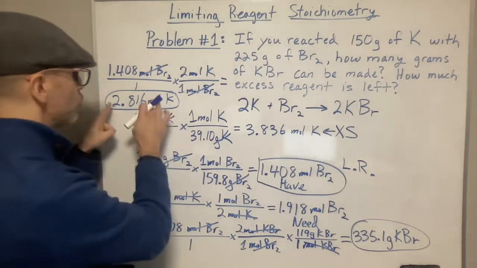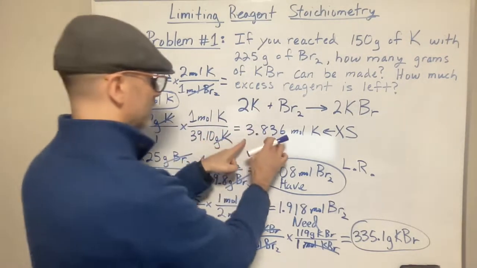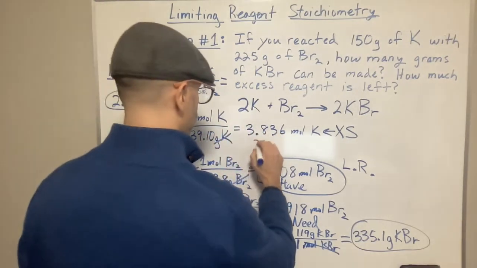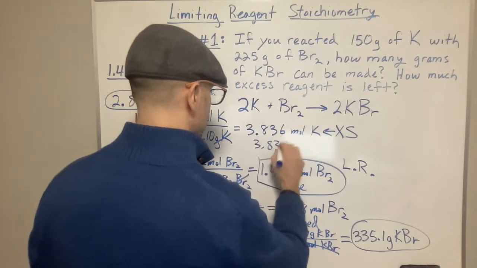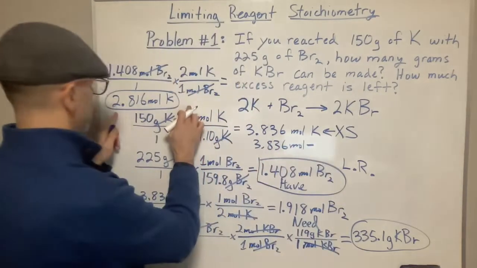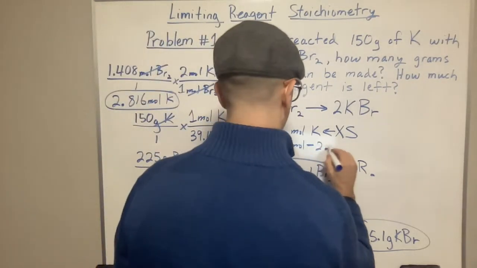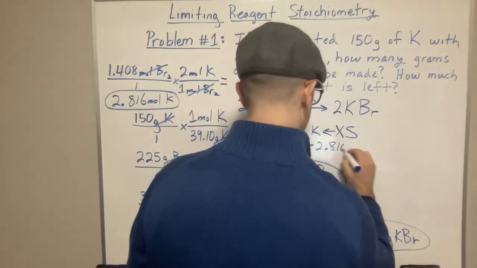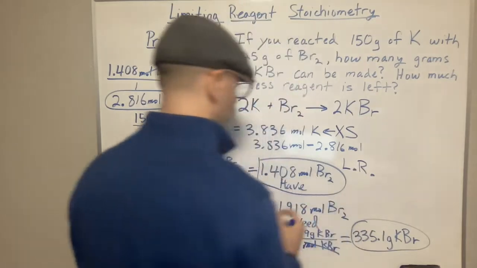And then I can subtract this from the amount that's given. So I take the 3.836 moles and subtract out 2.816 moles.